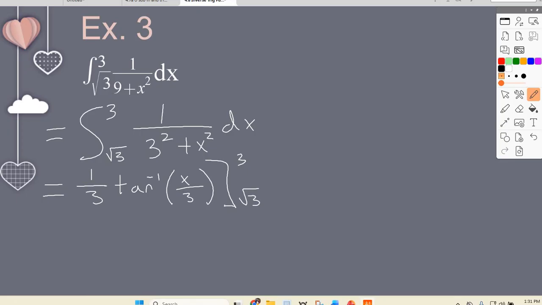Root 4, which one do I plug in first? Those are your two options, yeah. So we plug in the top or the bottom first? The top. We plug in the top first, agreed.